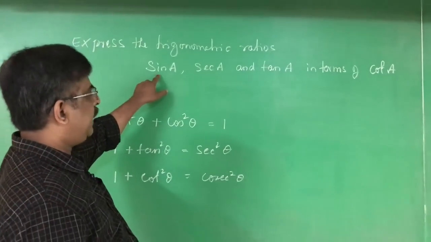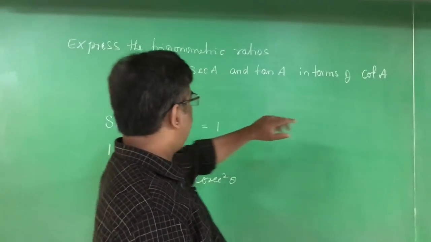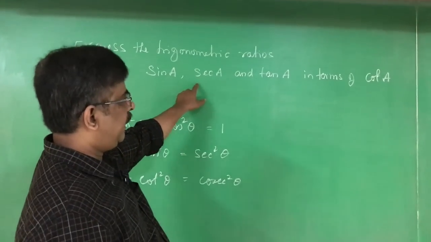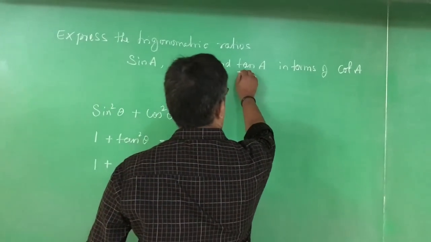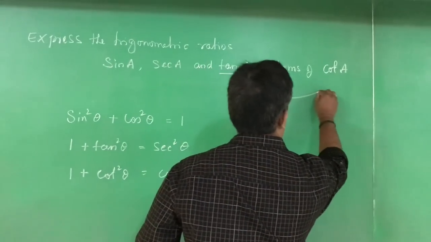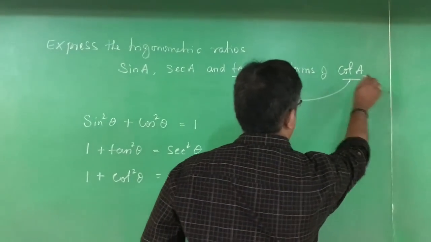I expressed sin A in terms of cot A. I expressed secant A in terms of cot A. Now I wanted to express tan A in terms of cot A. Any guesses?